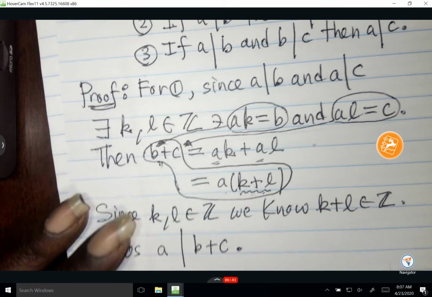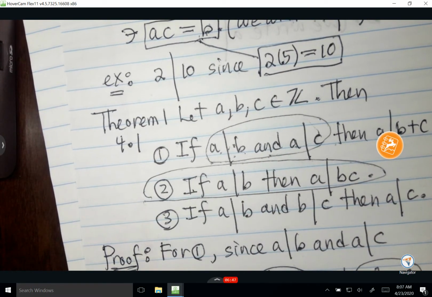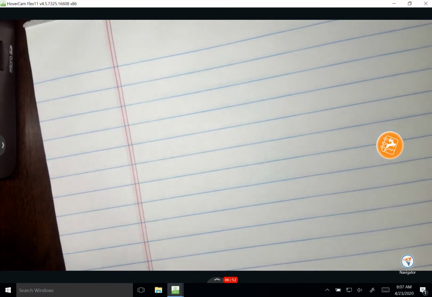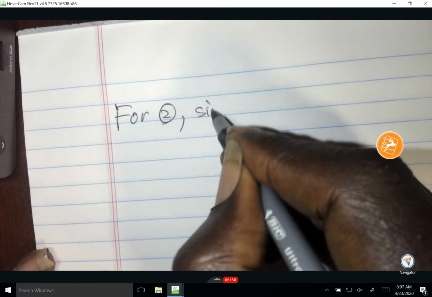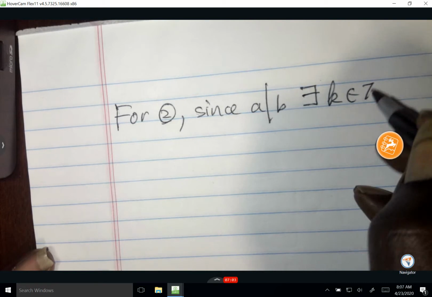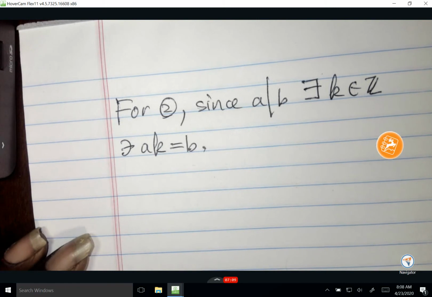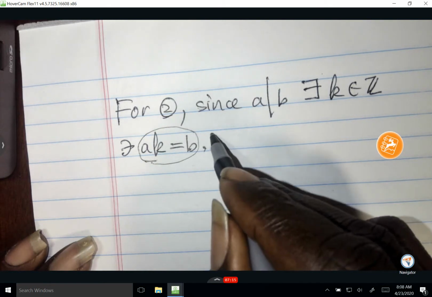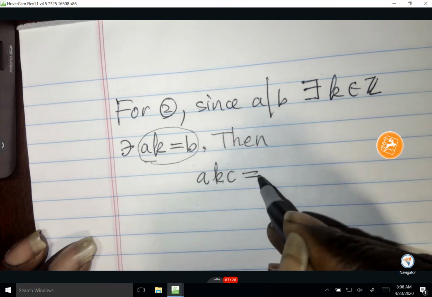Let's prove thing 2. Now, thing 2 says this. A divides B, show A divides BC. Okay, so for 2, since A divides B, again, there exists an integer K such that AK is B. Then if you just take this equation and multiply both sides by C, you could say then AKC would be equal to BC.